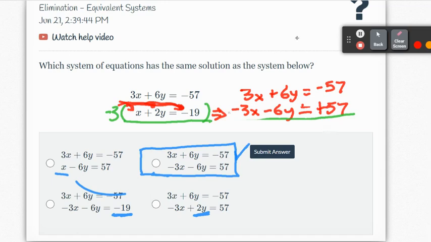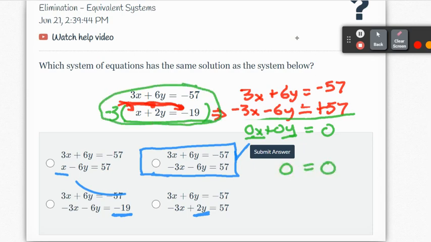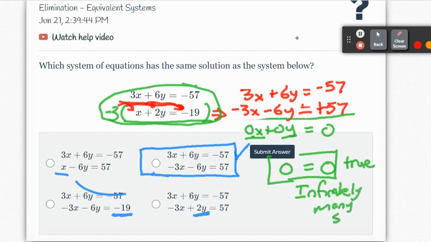And what we would do now that we have a variable that cancels is we would just add vertically. And what we would get is 0 x's and 0 y's equals 0. In other words, 0 x's, 0 y's is just 0 equals 0. So the solution to this system overall, if this wasn't just a simple multiple choice question, would be that if 0 equals 0 is the result, this is a true statement, which means that this statement forces the system to always be true despite what x and y are, which means this has infinitely many solutions.